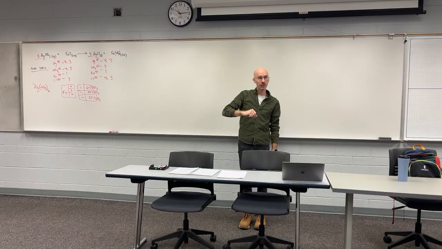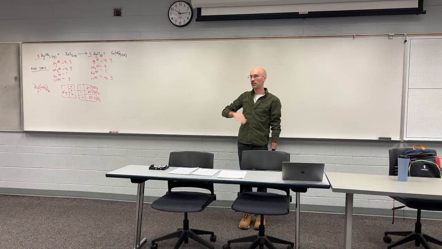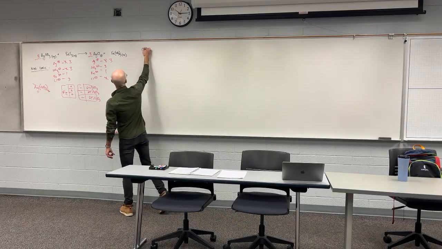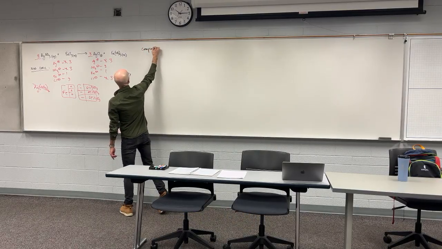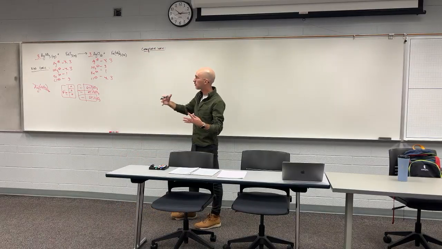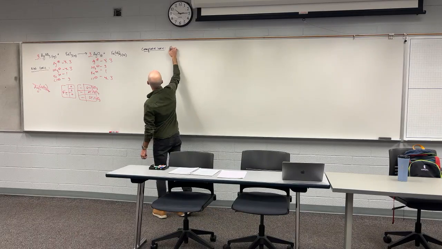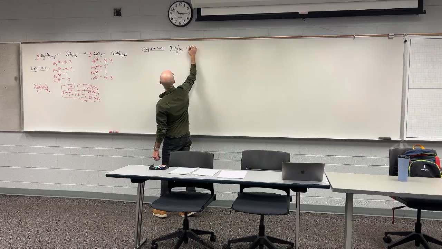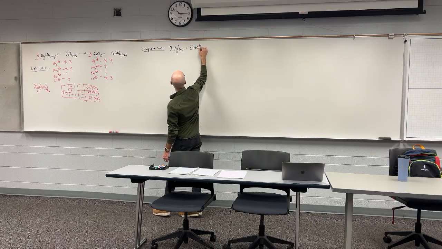Again, after you do this enough times, you may not need to write out the complete ionic equation. But let's write out the complete first. Anything that's written as aqueous is going to be separated. So I get 3 silver ions aqueous, 3 nitrate ions aqueous.